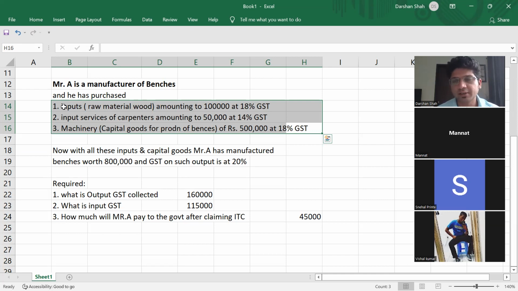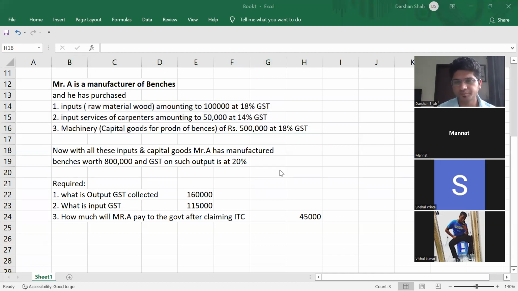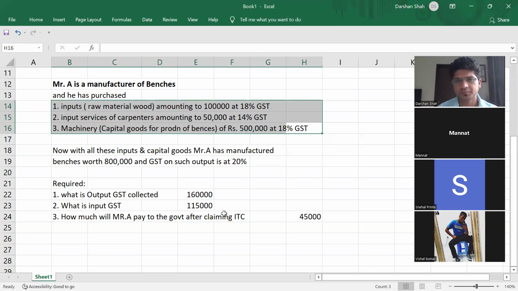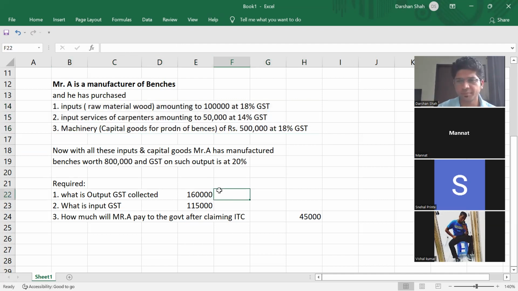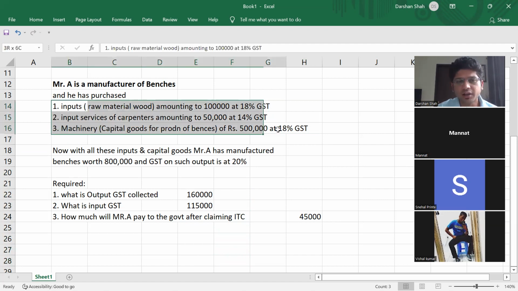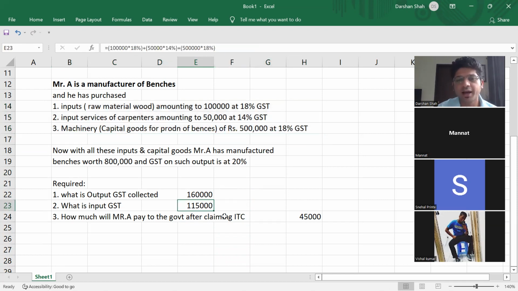See if this example is clear. Yes or no? Okay, simple example. Now we have to see what kind of inputs I can get GST on. What are the conditions to claim ITC? Here in this case, how much ITC has Mr. A claimed?